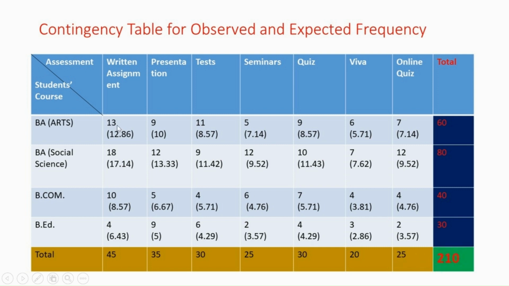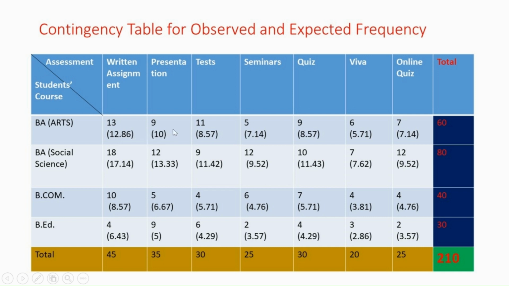So for the first cell, we find the expected frequency by multiplying 45 and 60 and then dividing by 210. In this way, we find the expected frequency, that is 12.86.